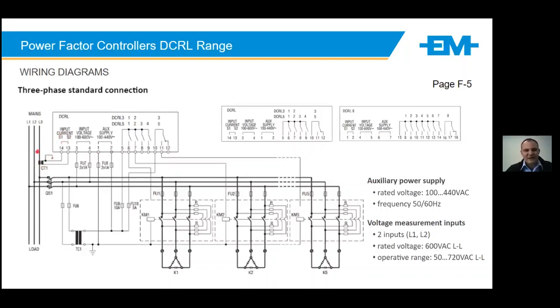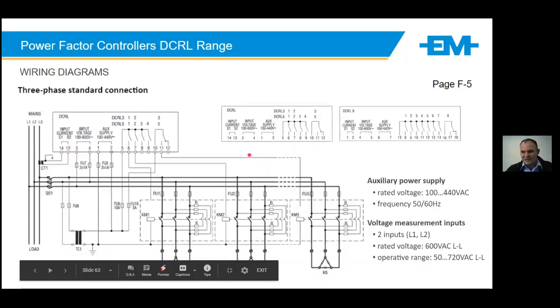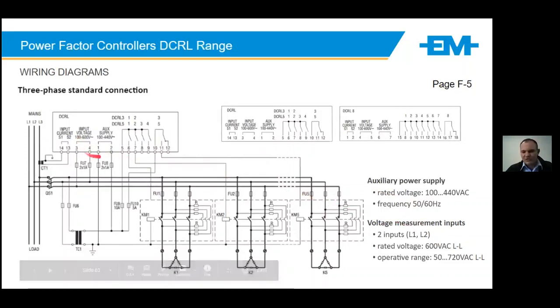All right, so CT measures the load, and obviously based on voltage, it will inject the relevant capacitor banks. Noted, the inputs are up to 600 volts, auxiliary up to 440.